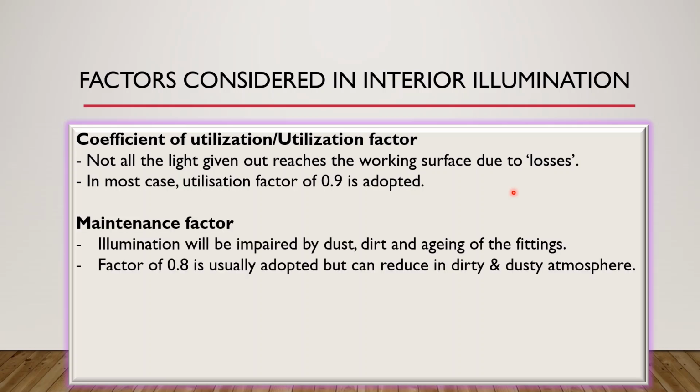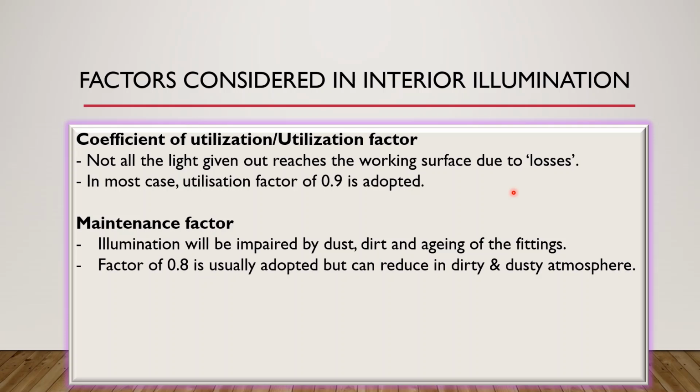The second factor affecting illumination is the maintenance factor. Illumination will be impaired by dust, dirt, and aging of the fittings. As your bulbs or light sources attract dirt, or as they age, or as dust gets to them, they can obstruct the distribution of light flux.